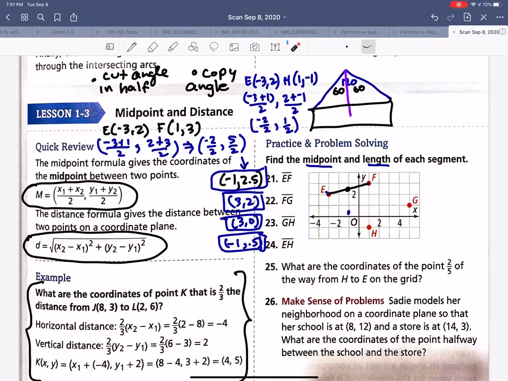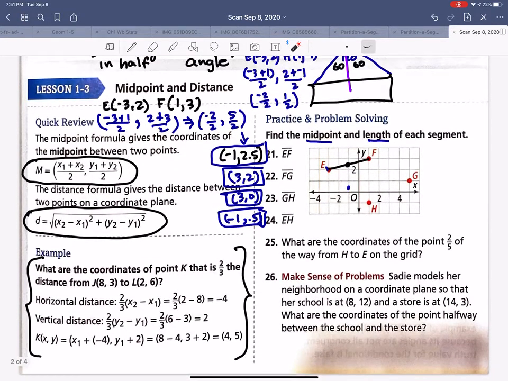Now that we reviewed midpoint, let's look at length. So if I look at length, then I should use my distance formula, or you can use Pythagorean theorem. So it looks like this is 2 and that's 4. So a squared plus b squared is c squared. If a is 2 and b is 4, you should be able to solve for c squared.